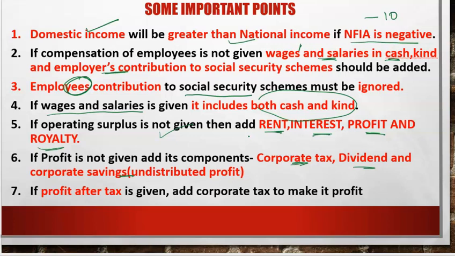Sometimes in the numerical, profit after tax is given, so don't add that. उसके अंदर corporate tax को प्लस कीजिए, make it profit and then add it. So corporate tax or profit tax has to be added into profit after tax, प्लस करने के बाद make it profit and then make it operating surplus. So these are the very important tips you have to take care while solving the numericals.